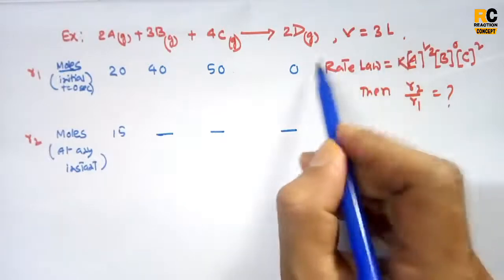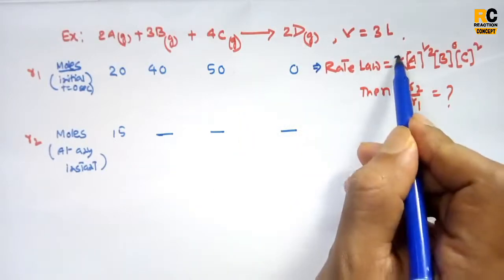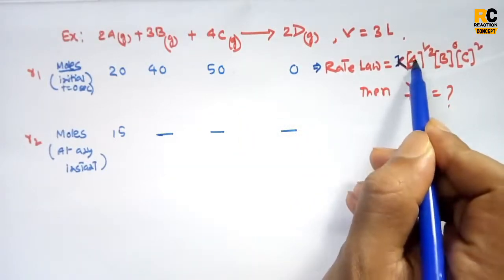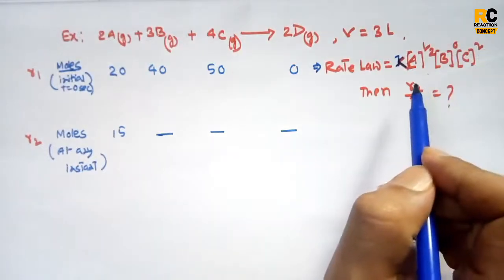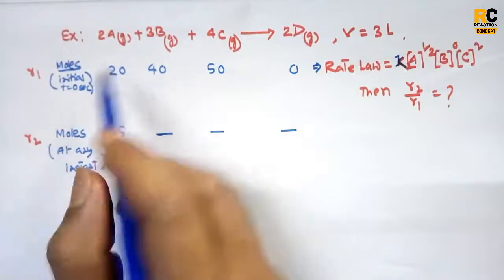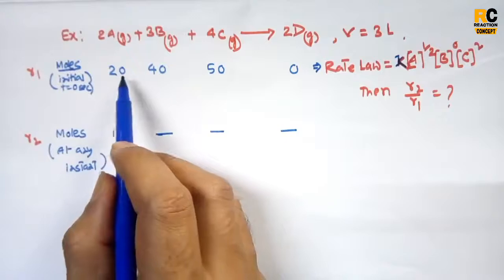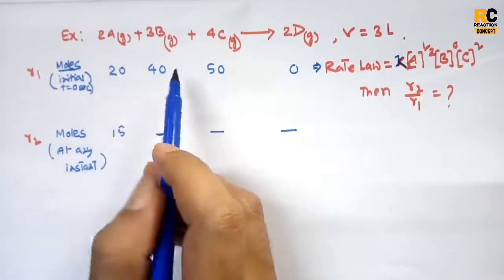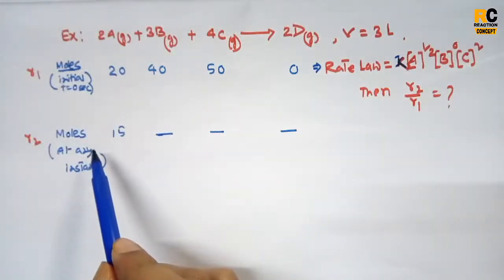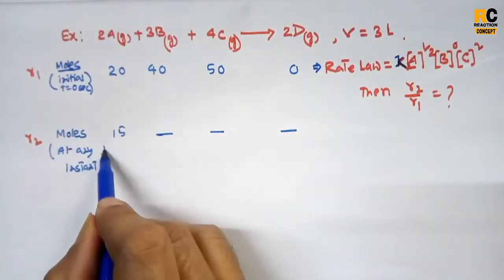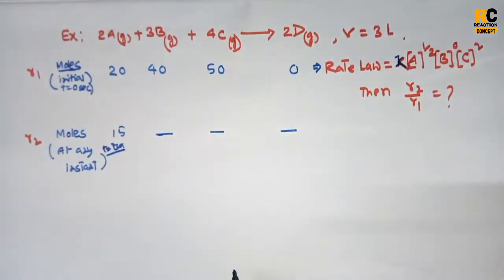And in the question, the rate law of this reaction is given as K into A to the power half, B to the power 0 and C to the power 2. At the initial condition and at a time t, their concentration or number of moles of the reactant are given. Consider it as t equal to t second.